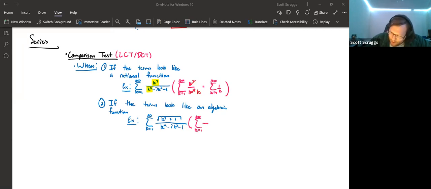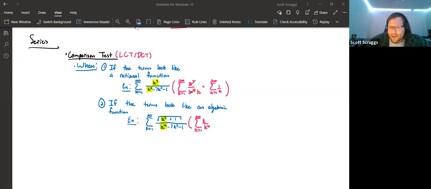Like before, I'm going to form my new series I'm comparing with by taking the highest order term in my numerator and the highest order term in my denominator. So for this case, that would be k to the fourth. The thing to be careful about with the square root is that my highest order term is not k cubed itself.